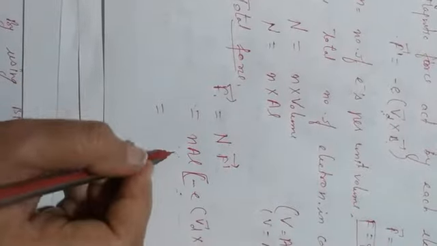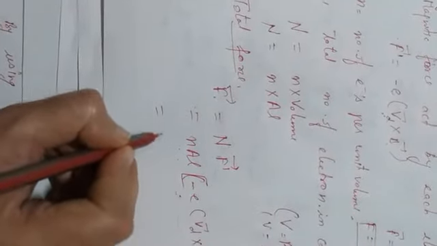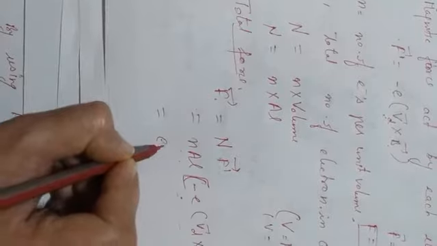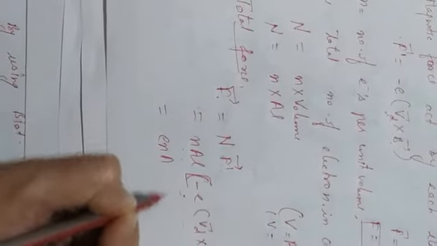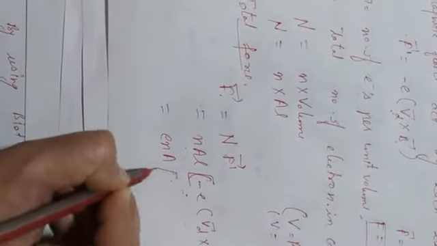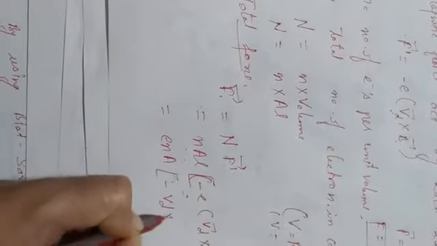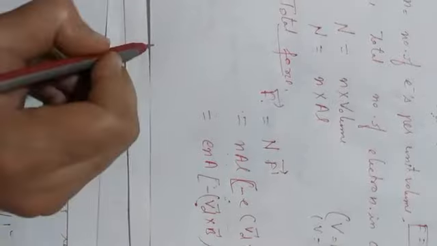Now from this relation we can write n E A, taking the electron charge outside. Inside what is left is Vd into B, with a negative sign, so we take it in the opposite direction. Now we know that drift velocity Vd equals current over n A e, so current I is acting in this direction.